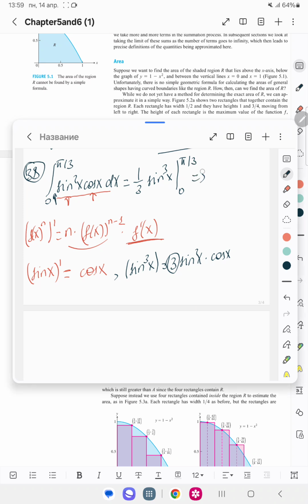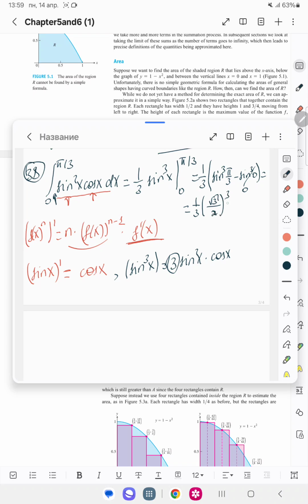What I get is 1 over 3 as a constant, times sine cubed pi over 3 minus sine cubed 0. Sine pi over 3 is square root of 3 over 2, and sine 0 is 0, by the way, so we cube it.